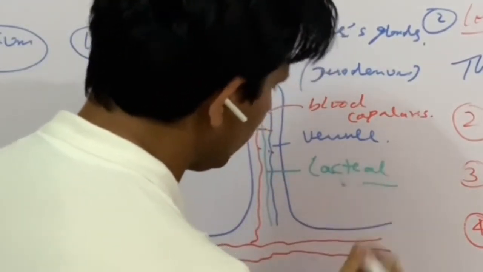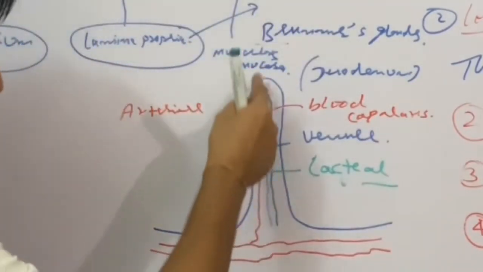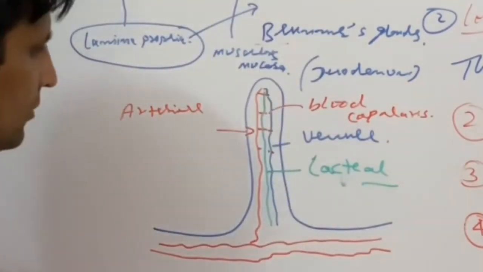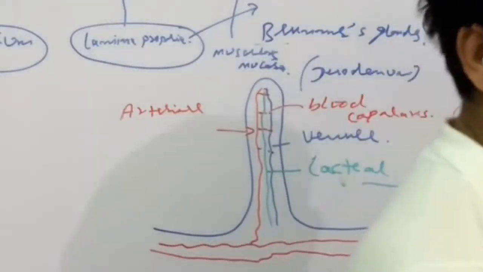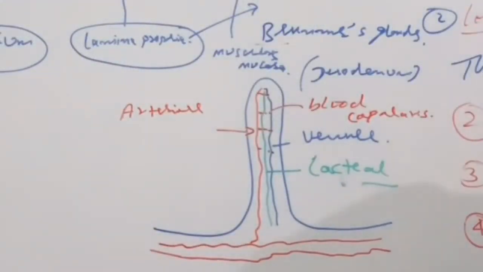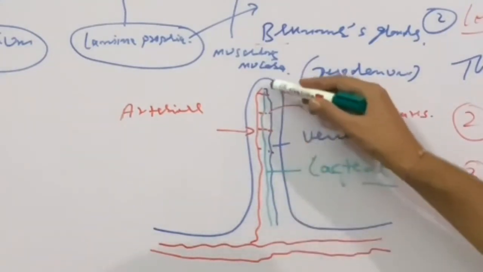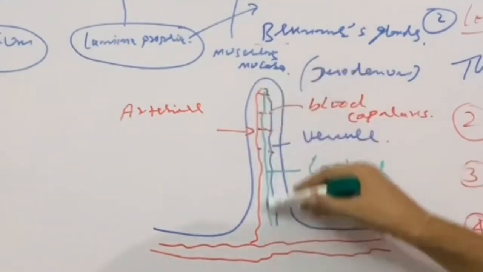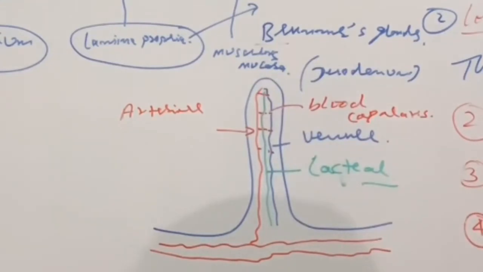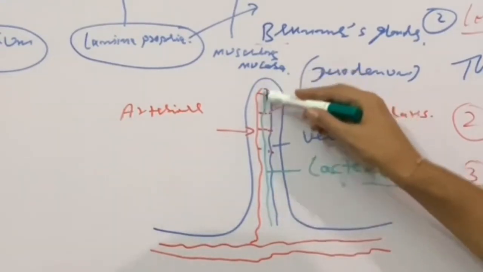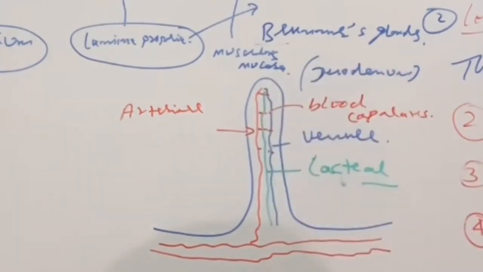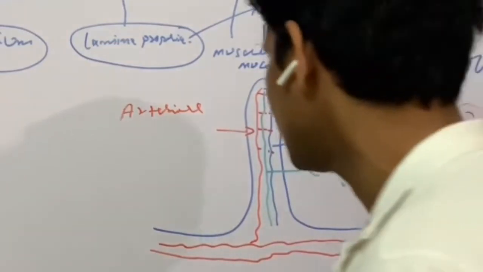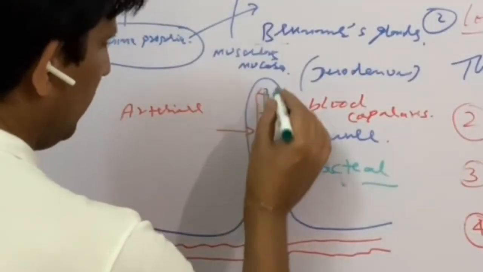This is the lacteal. Lacteal means the contents absorbed by the microvilli. This lacteal is actually a lymph duct or lymph vessel. So this will run between all these structures, and this inner structure is the structure of lamina propria.